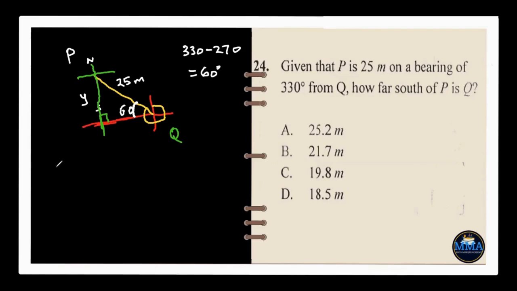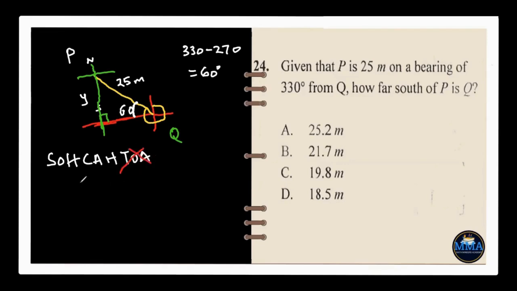So if we take SOHCAHTOA, this is sine, opposite over hypotenuse, cosine, adjacent over hypotenuse, tangent, opposite over adjacent. Now, hypotenuse is given. So since hypotenuse is given, we cannot look at this.